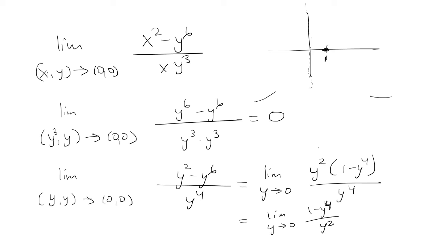And as y approaches 0, we basically have 1 over 0, so that's going to infinity. And we're also going to have another x-intercept at x equals negative 1. So it should look something like this. And clearly this is going to go to infinity. So one path took us to 0, the other path took us to infinity, therefore we say the limit does not exist.